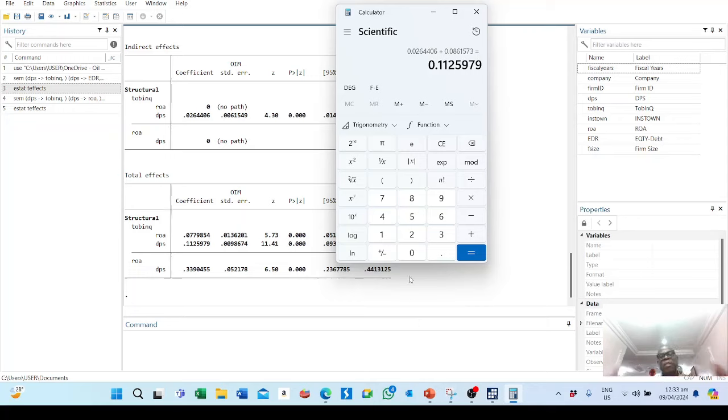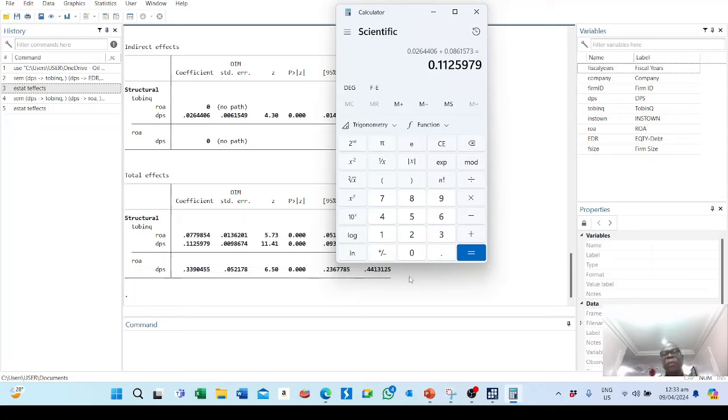So in summary, dividend per share has a direct positive effect on Tobin's Q. Not only that, it also has an indirect positive effect on Tobin's Q through the pathway of ROA.